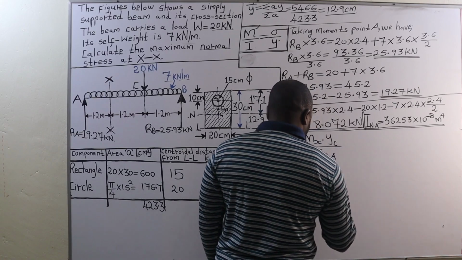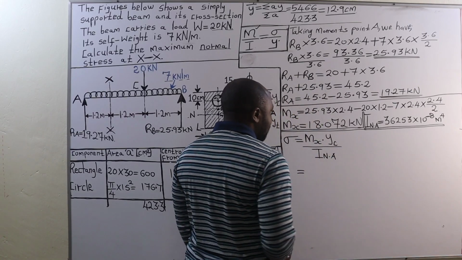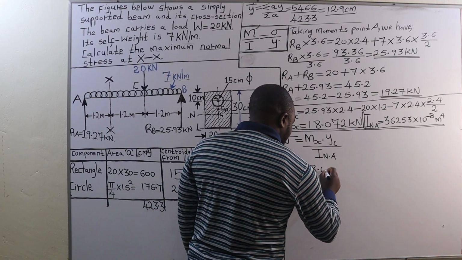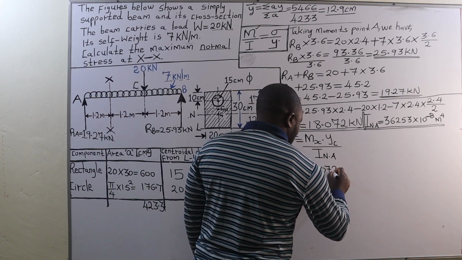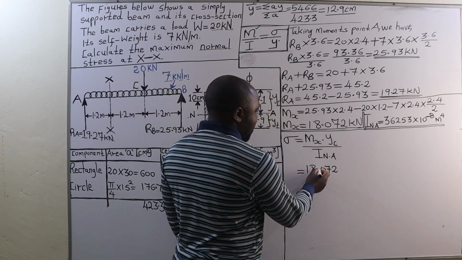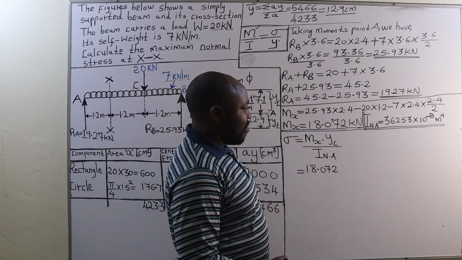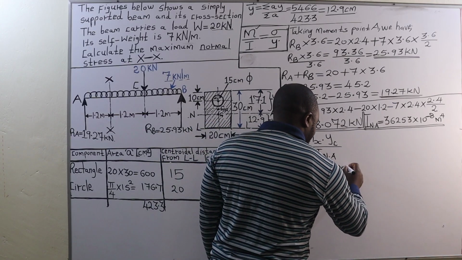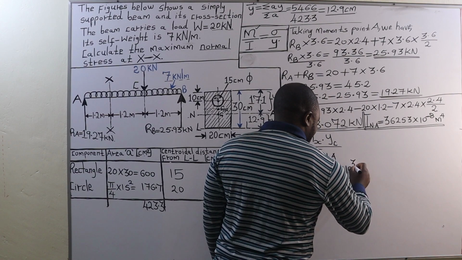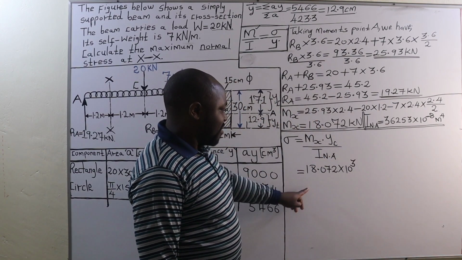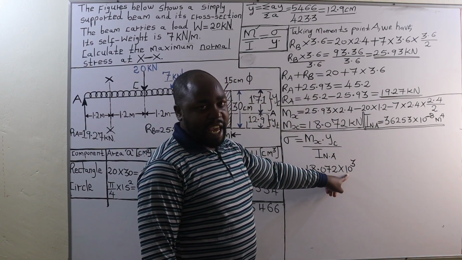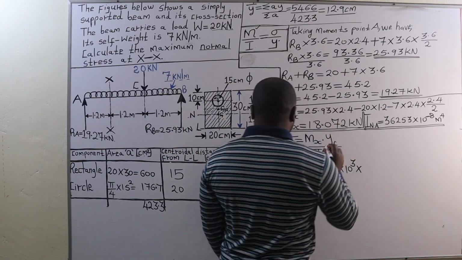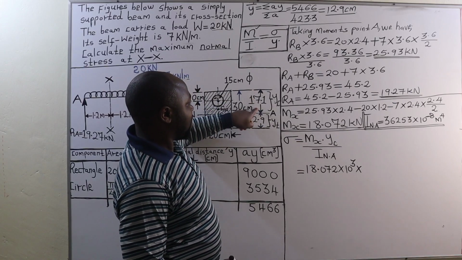Therefore, this is going to be the bending moment 18.072 kilonewtons. We can convert it to newtons by multiplying that by 1,000. Therefore, 18.072 times 1,000 newtons. Then we multiply that by YC, which is 17.1 centimeters.